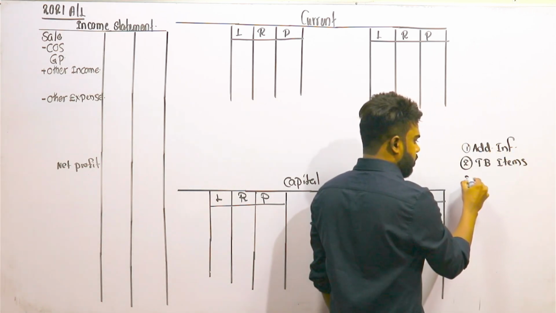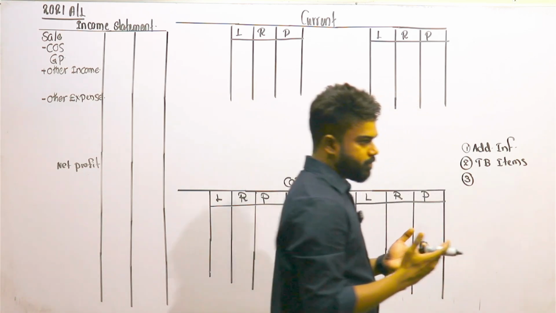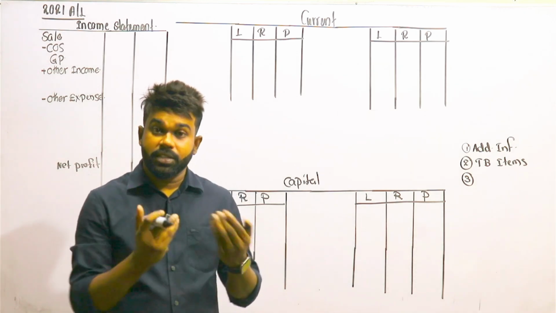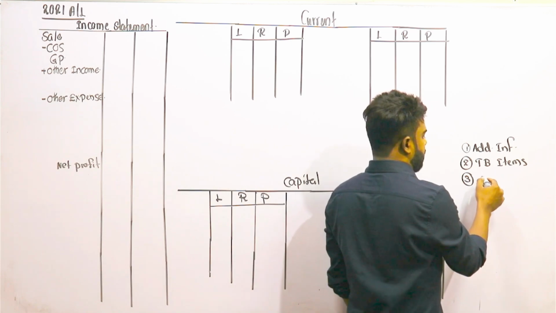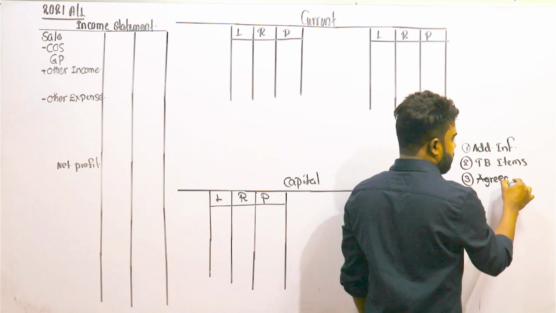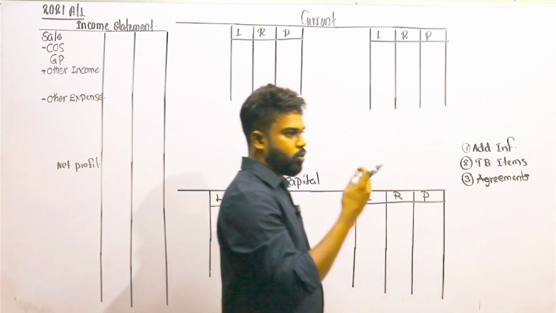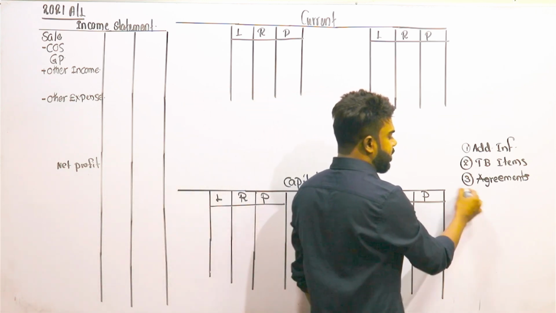Then here my partner retired at the end of the period. Therefore, you have to provide 3 benefits as well. Record the partnership agreement conditions: profit share, capital interest, loan interest, all things. Then Lamai, do the goodwill adjustment and retirement.